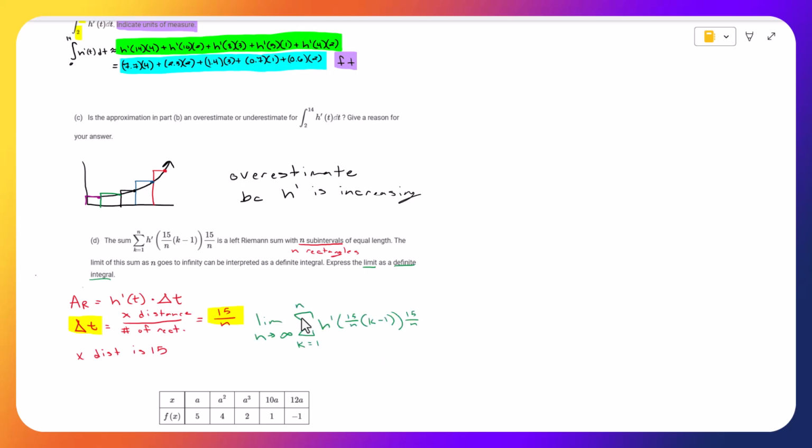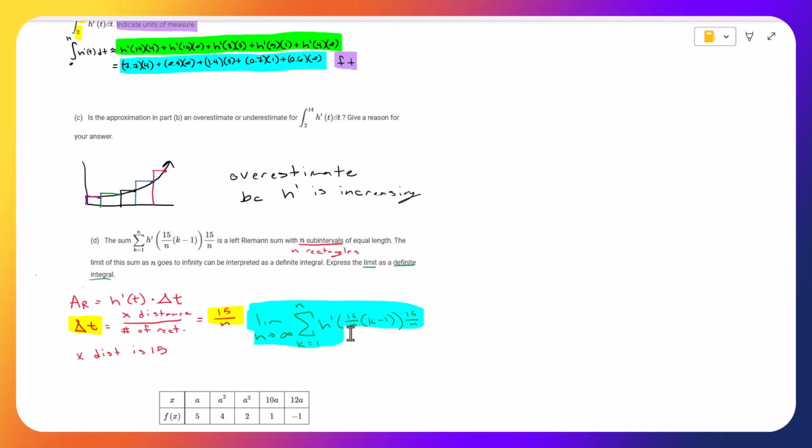So this is our limit. And guess what? If we get this, this is another point right here, expressing that limit. So we've already gotten 2 points.